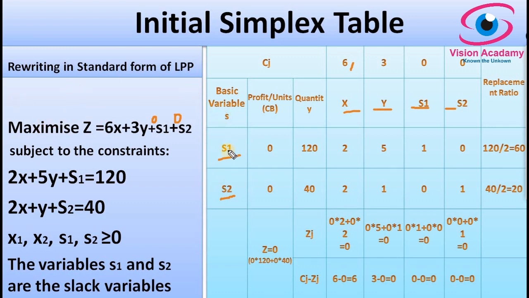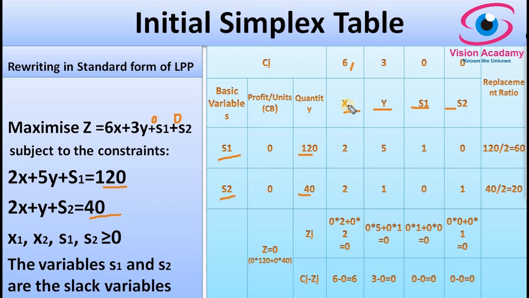In the profit units we have to consider the coefficient of cost of the slack variables. Here the s1 value is 0, the s2 value is also 0, so I have considered 0 and 0, and here it is the quantity, the right side of the constraints: 120 in the first constraint, 40 in the second constraint.